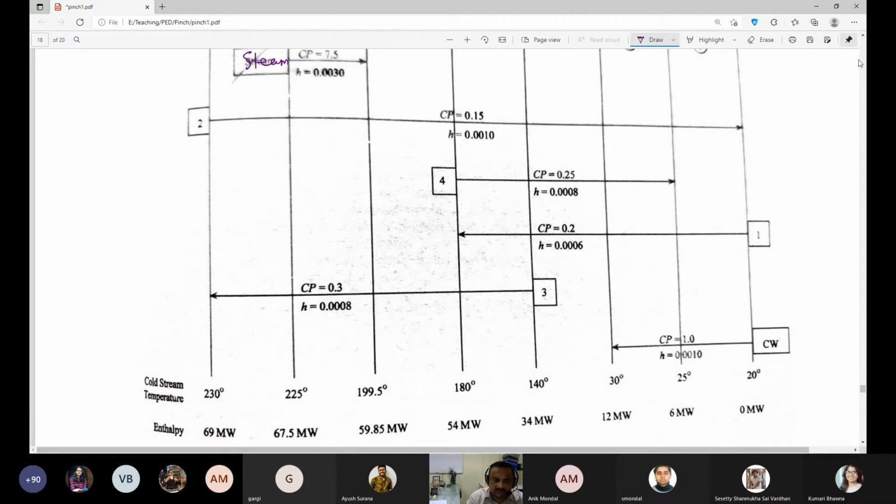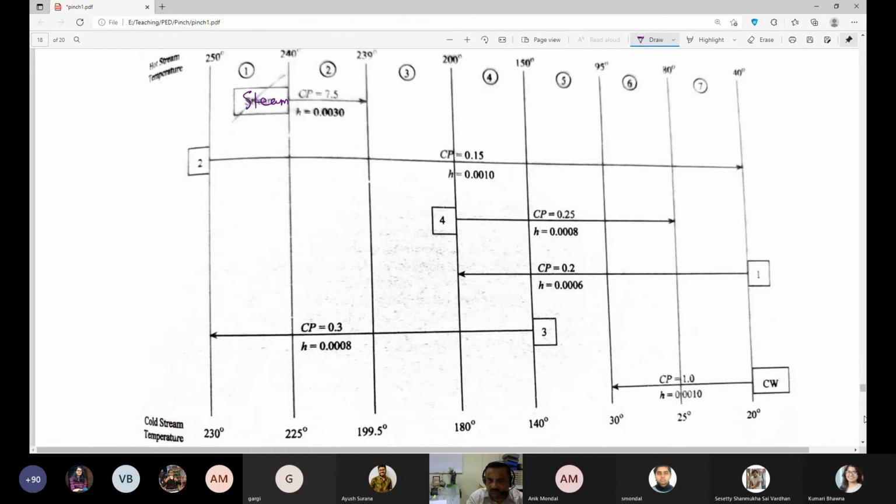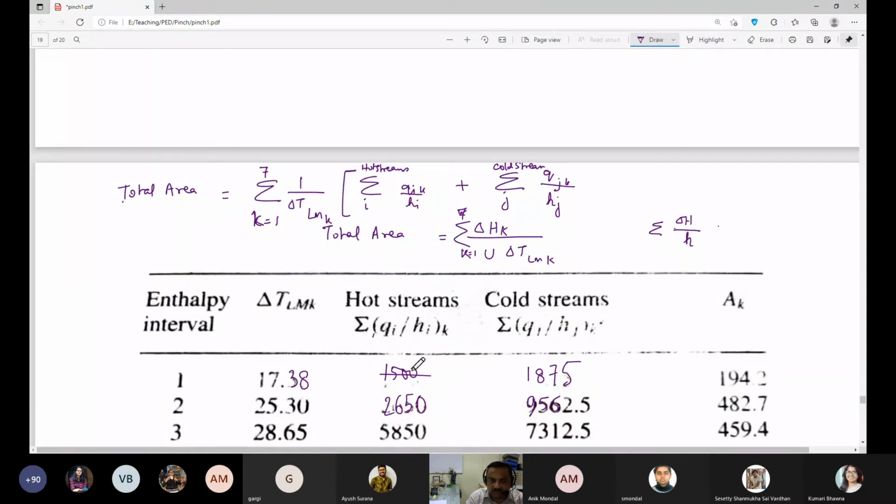So 1.5 is the Q divided by the corresponding h, which is 0.001. And here again, I have 1.5 divided by 0.0008. If you divide 1.5 by 0.001, you get 1500, and 1.5 divided by 0.0008, you get 1875. So these are the two numbers you get.